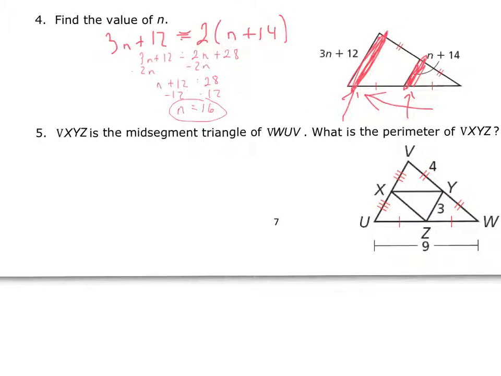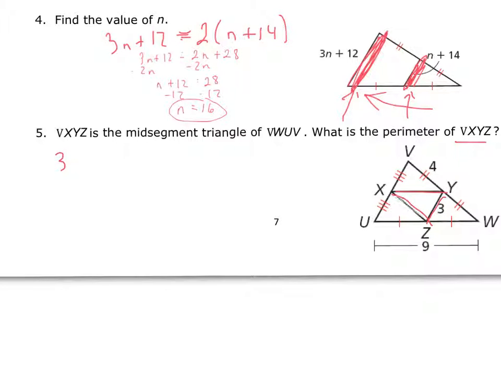All right, last one. And our goal in this problem is to find the perimeter of XYZ. So we want to find the length around this triangle. Okay, so we're given the initial value of YZ is 3, so we are done with that one. But we need to find the others. Let's start with XZ.